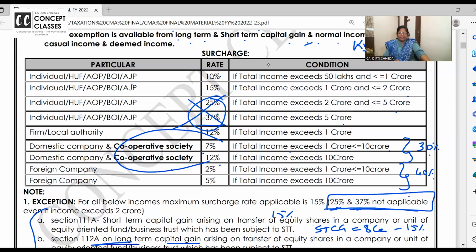From this financial year 22-23, cooperative societies are also paying surcharge rates of 7% and 12%. Okay, right. And for partnership firm and local authority, only one surcharge rate is there. If the income exceeds 1 crore, the surcharge rate is 12%. Partnership firm, local authority, LLP.